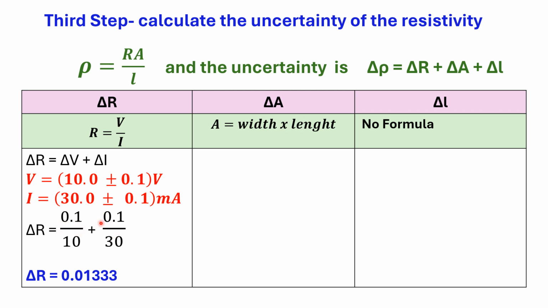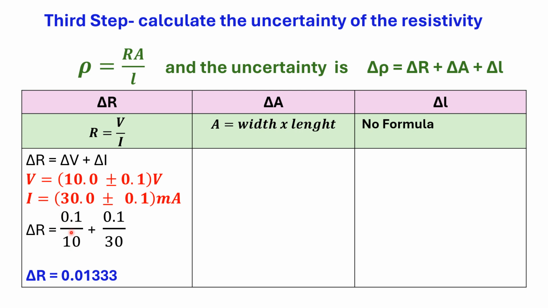It's a term that is called fractional uncertainty, because at the end we do have a fraction here. So that's how it works in simple terms. We get the value of the uncertainty divided by the value of the variable.